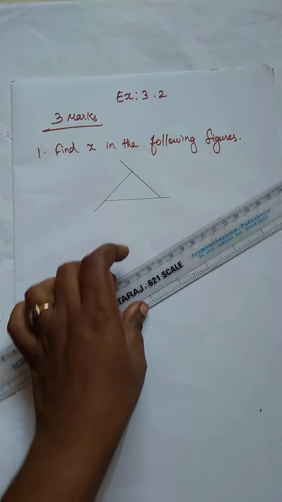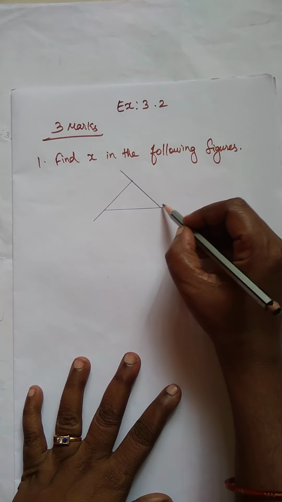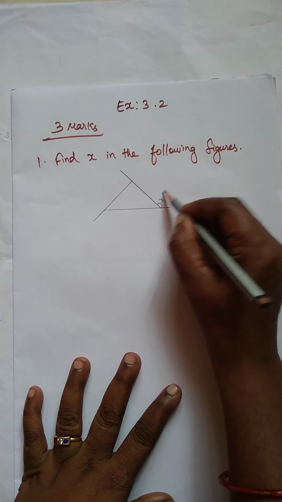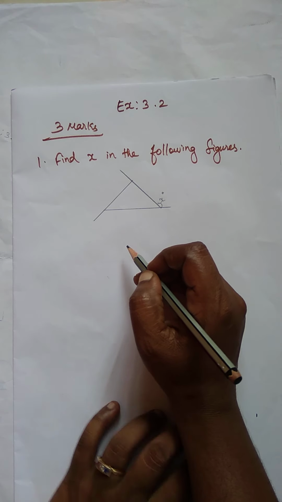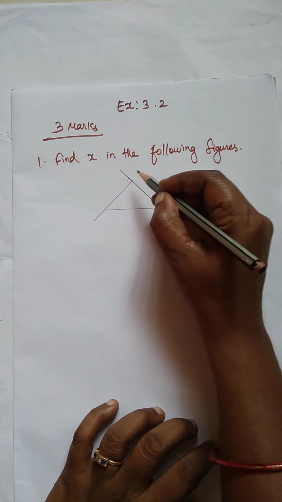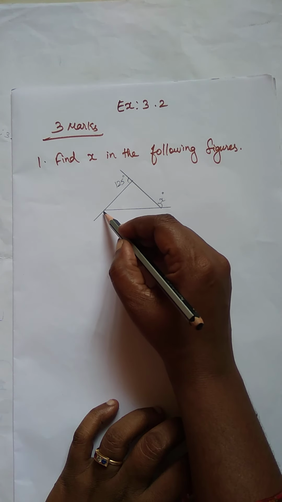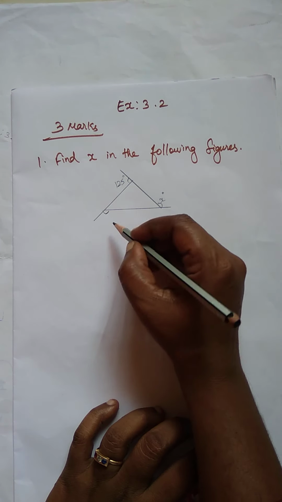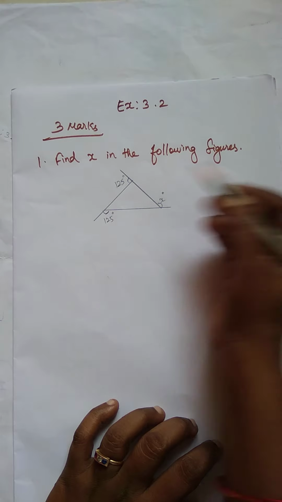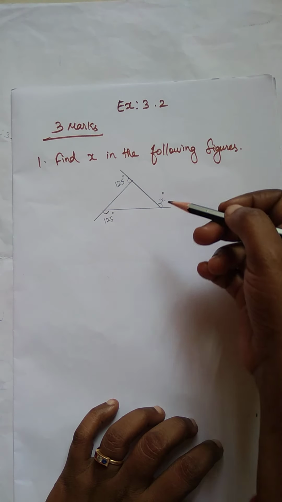It is x degree. Now 125 degree, this angle also 125 degrees. So here some exterior angles are given.